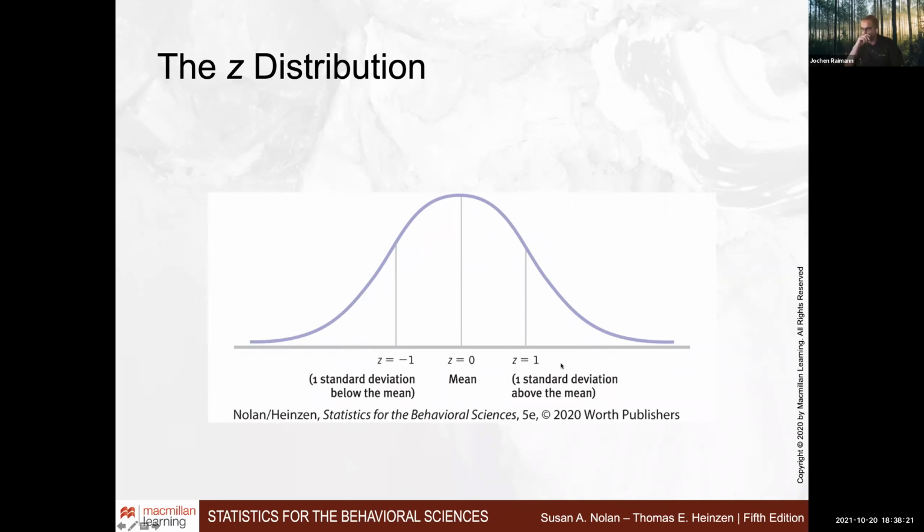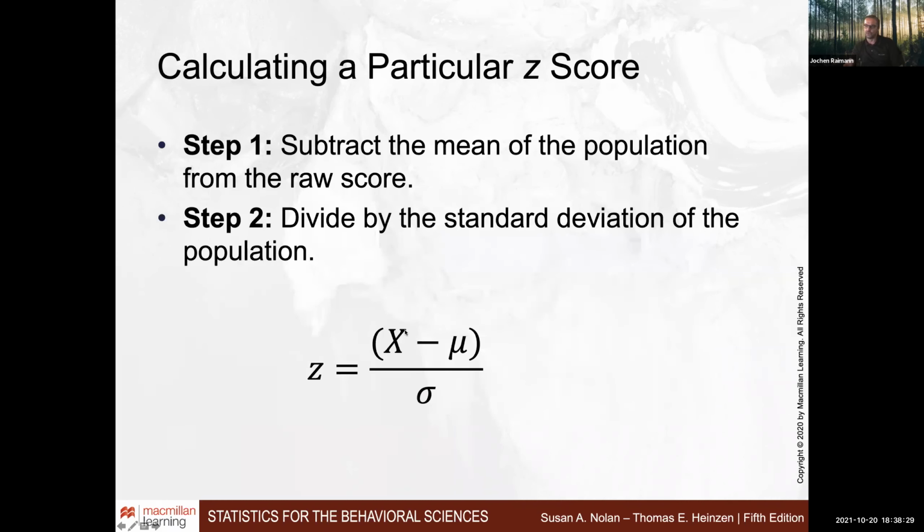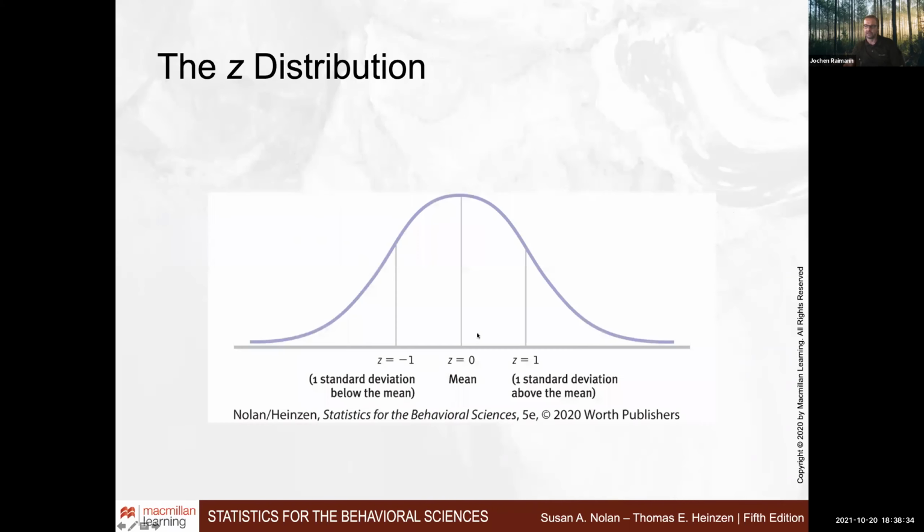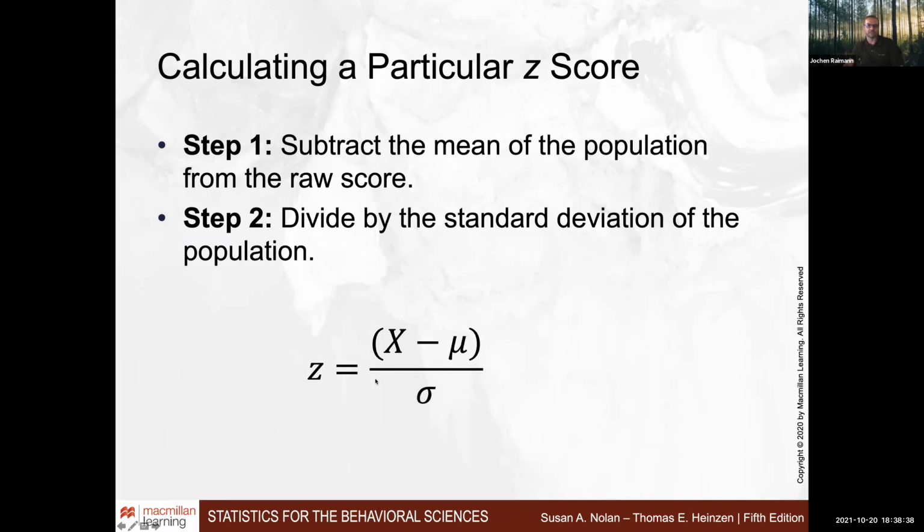Independent of whether it becomes a decimal or not, you're doing nothing else but using this formula. You subtract from your individual point x the population mean, and you divide it by the standard deviation. The resulting z is the distance of the point from the mean expressed as number of standard deviations.